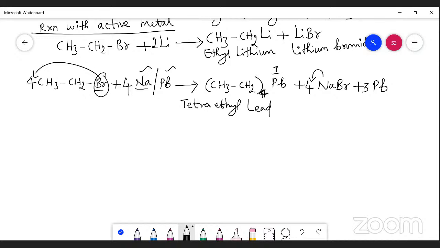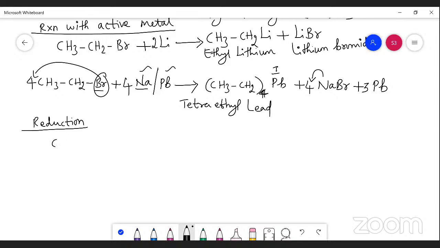Okay. If you take the last reaction, reduction. Whenever haloalkanes undergo reduction with hydrogen, in the presence of nickel or palladium, we are going to use two methods.